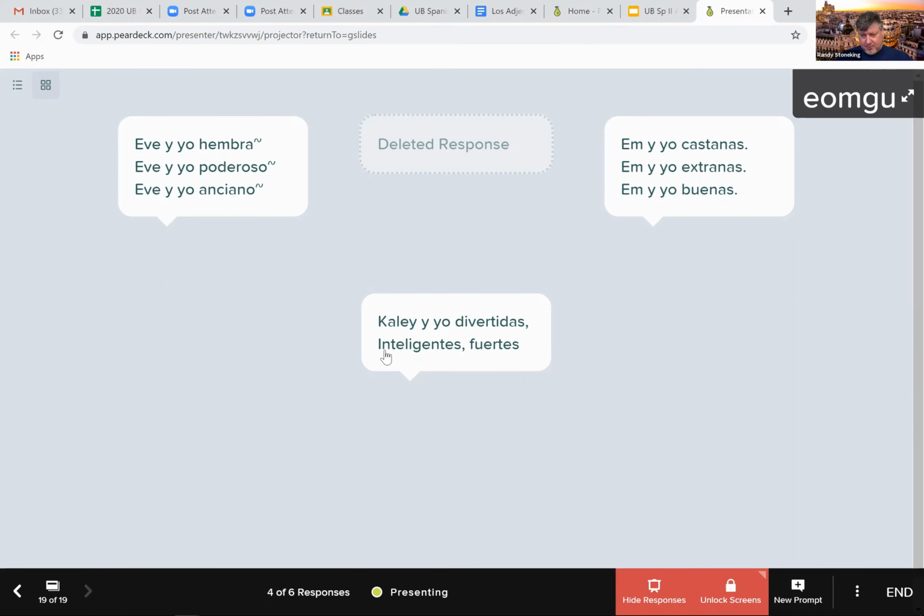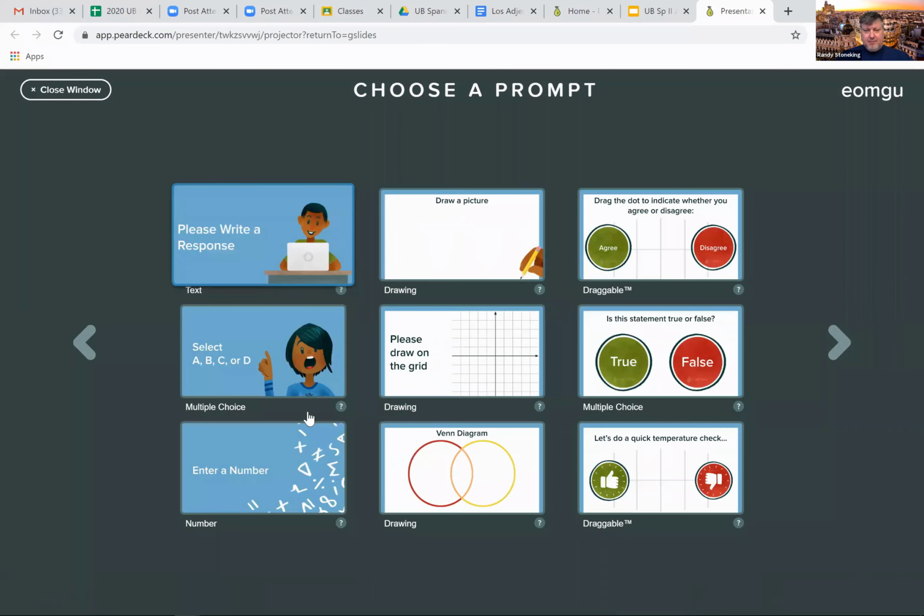Okay, let's do this. Let me unlock your screens. Let's do this last little thing, new prompt. Same thing, type me a sentence.